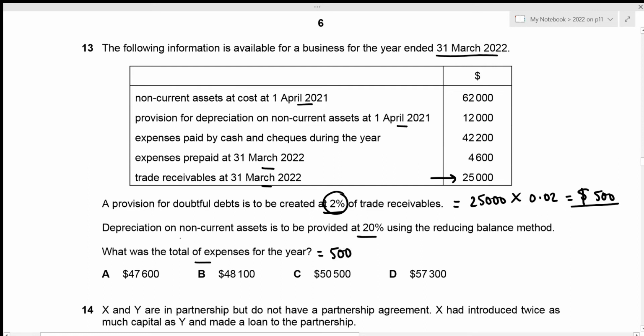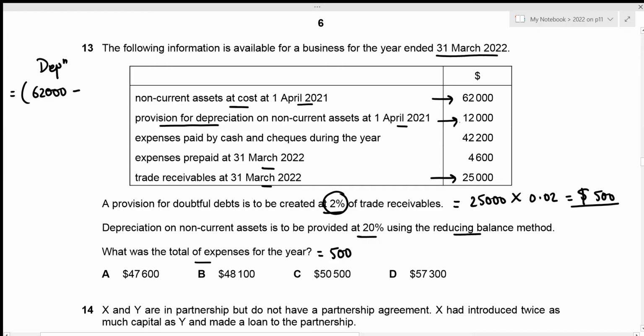Now the next step would be to figure out the depreciation on non-current assets. This uses a reducing balance method. So I'm just going to prepare the depreciation right here. And under reducing balance method, we need to subtract our accumulated depreciation from cost in order to figure out the net book value. We can see that our cost is 62,000. And our provision for depreciation or the accumulated depreciation is 12,000.